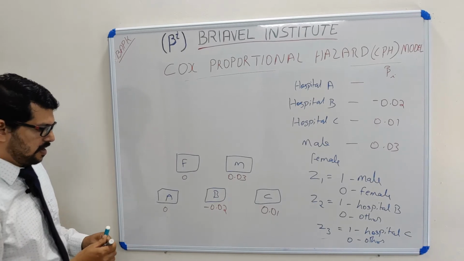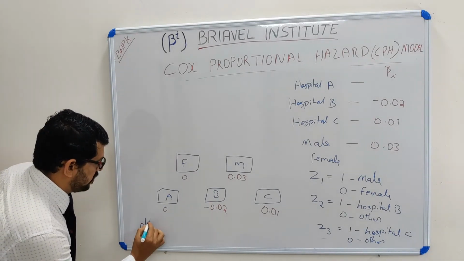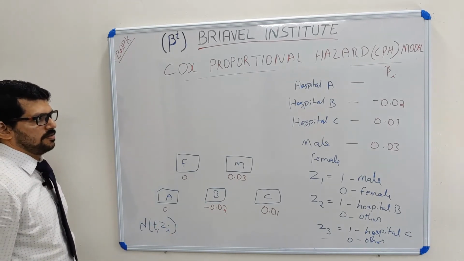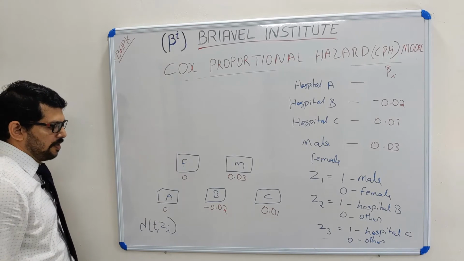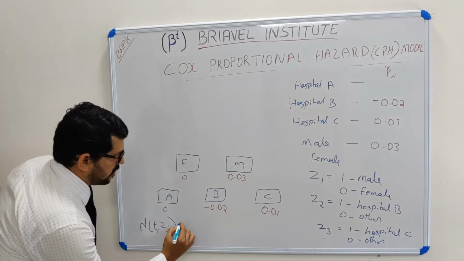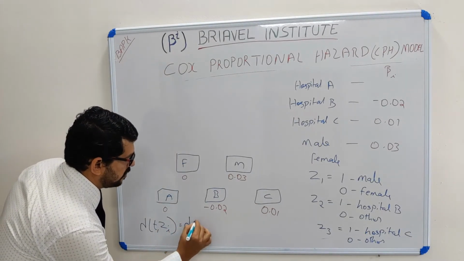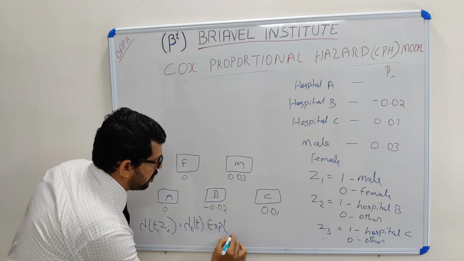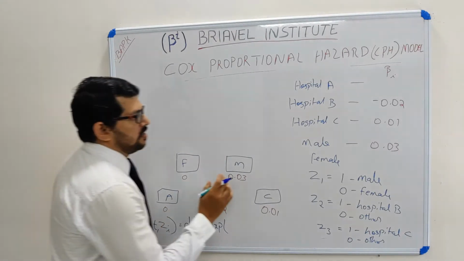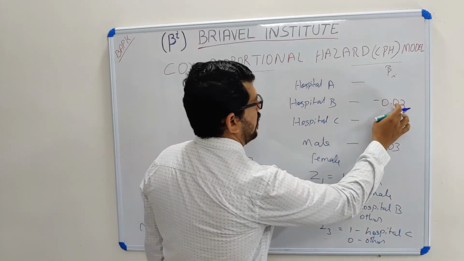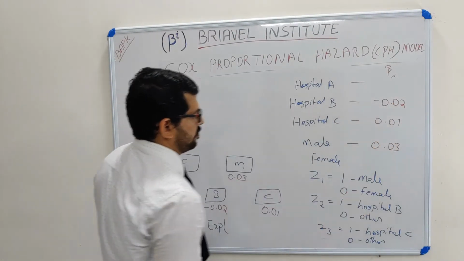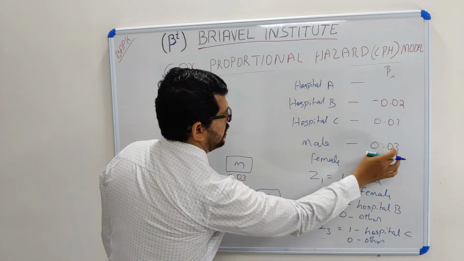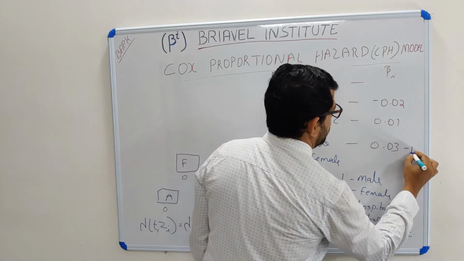Then what is my equation? Lambda of t comma Zi, this is my equation. I have to substitute: it is equal to lambda 0 t exponential, with this my beta 1, this my beta 2 and beta 3. So Z1 is male and female, this is my beta 1.